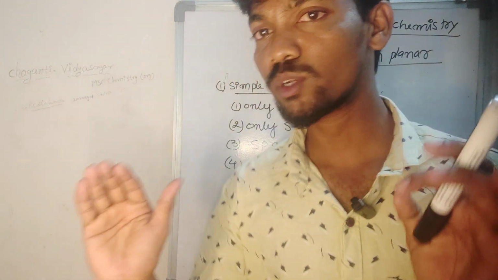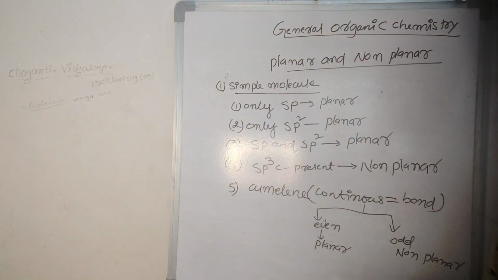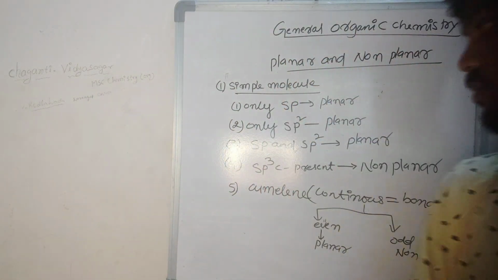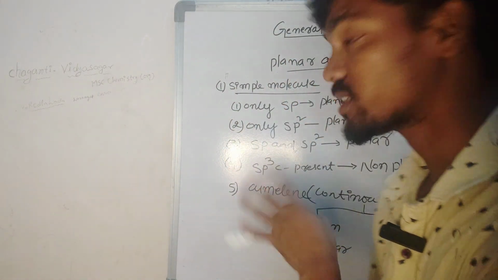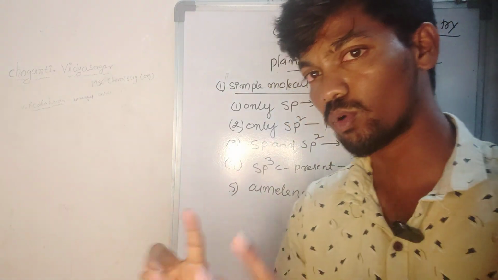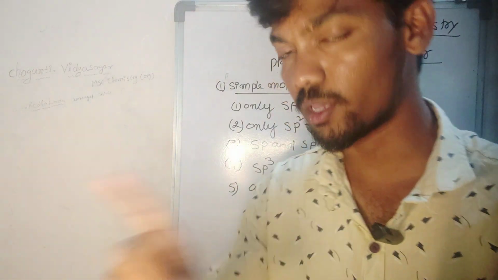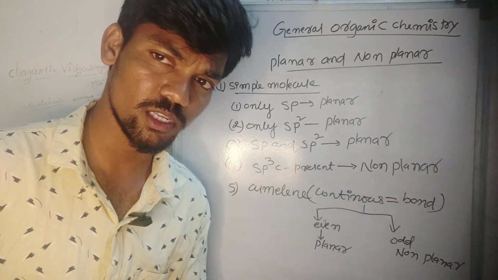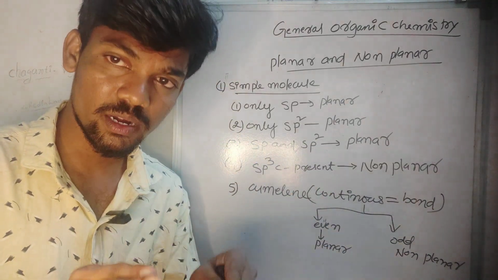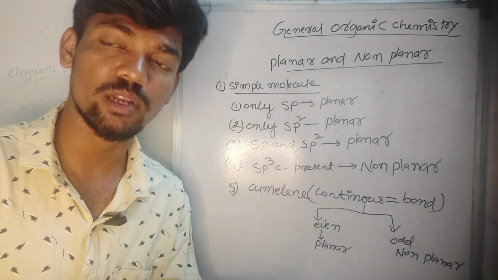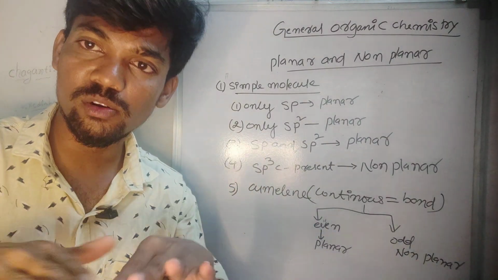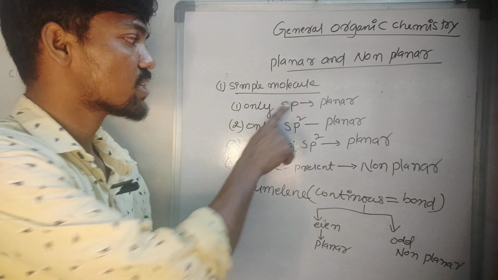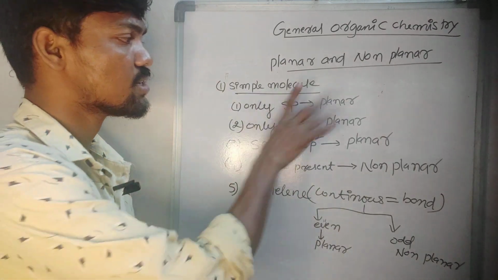If only sp2 carbons are there in the molecule, that also is a planar molecule. If sp and sp2 carbons combine in a mixture, but the carbon chain must be a continuous chain, then if sp carbons are there, it is planar.